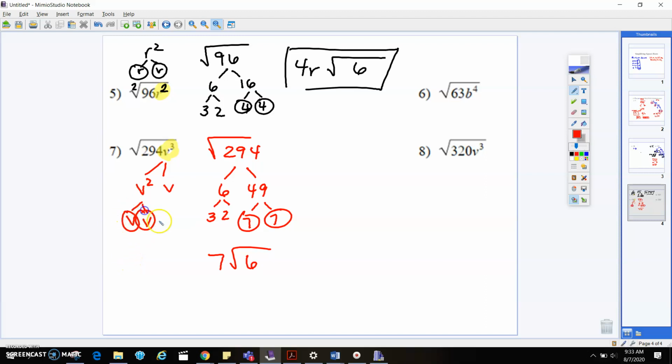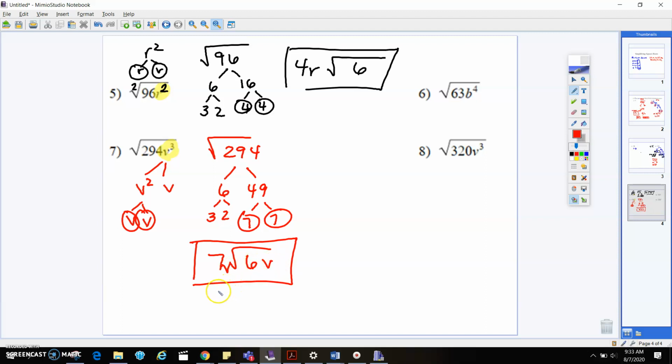So I'm going to circle my pairs. I'm going to put one of the pairs out on the outside, and then I'm going to be left with the v on the inside. All right? So if it has an exit buddy, it can come outside the radical, and if it doesn't, it just goes back inside. So our final answer is going to be 7v square root of 6v.